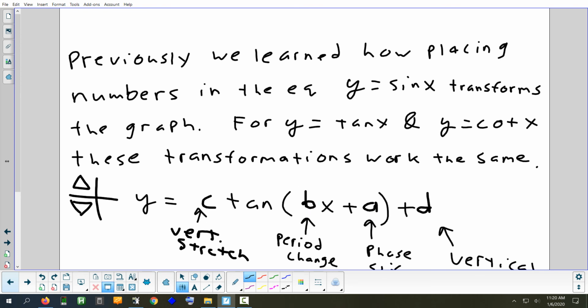Don't worry about C. Don't worry about D. C and D are vertical transformations. Think about a vertical line. It already goes up and down forever. If you shift it up 2 units, it still goes up and down forever. If you make it half as tall, it still goes up and down forever. So C and D don't have any effect on this.